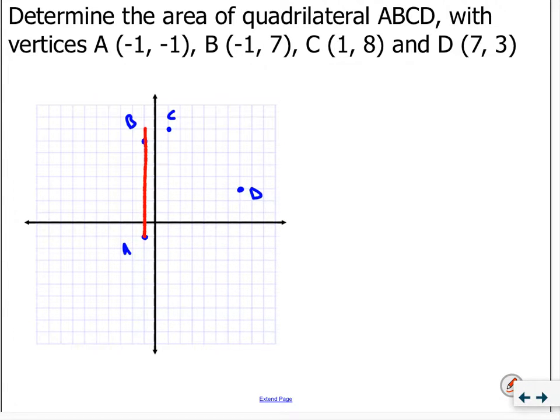Notice that A and B make a vertical, so that's pretty cool. And what I probably should have drawn was my figure originally. So let's see the area of the box.